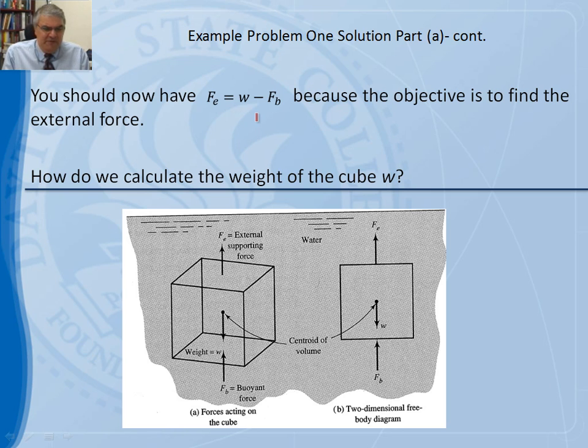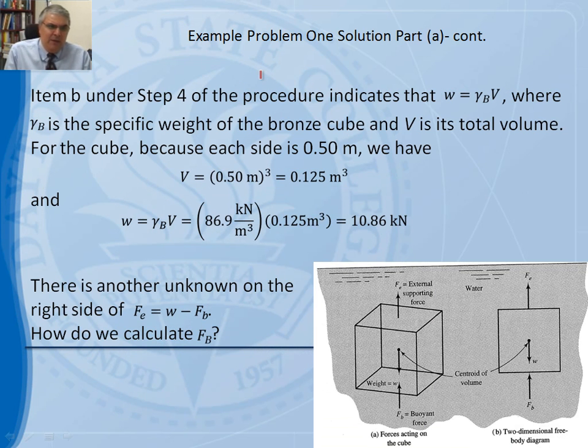So the first thing is how are we going to calculate the weight of the cube W? It's really not that complicated. I'm sure many of you have guessed it. So W is nothing but gamma sub B times V, and gamma sub B is the specific weight of the bronze cube. In this case, V is its total volume. We know the cube dimensions are 0.5 meter on each side.